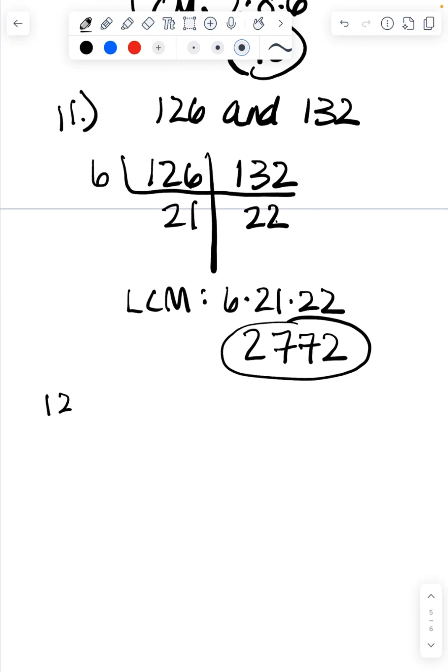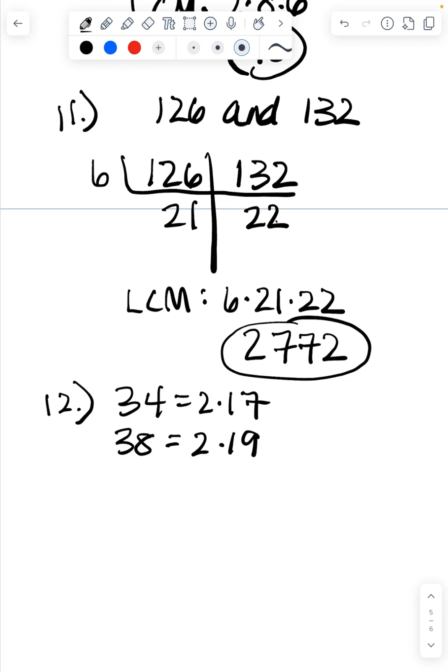Number 12, use the given prime factorizations to find the LCM of each pair of numbers. So in number 12, in the book, they write 34 equals 2 times 17, and 38 equals 2 times 19.